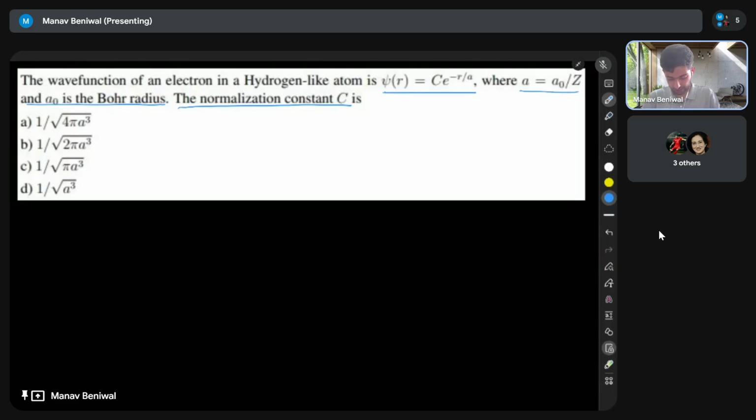So to normalize, first of all we have psi of r, C times e to the minus r by a.